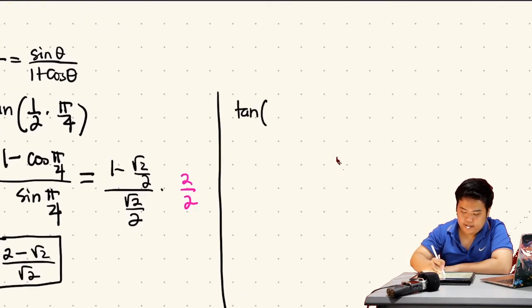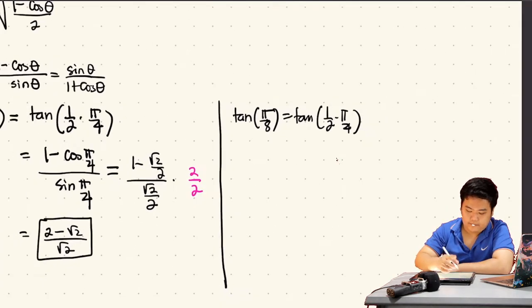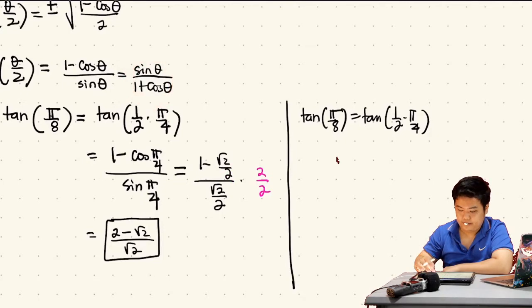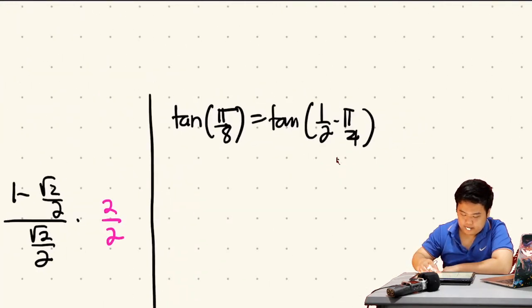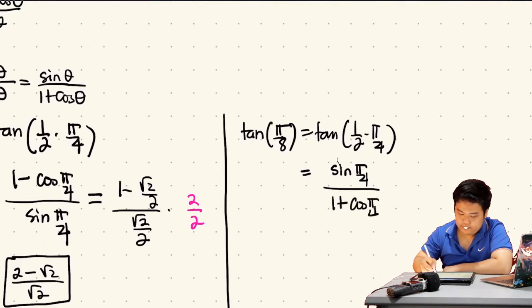Tangent pi over 8 is tangent 1/2 times pi over 4. So, ito yung gagamitin natin. Okay? So, this is, ano yung formula? Sine pi over 4 over 1 plus cosine pi over 4, which is square root of 2 over 2 over 1 plus square root of 2 over 2.